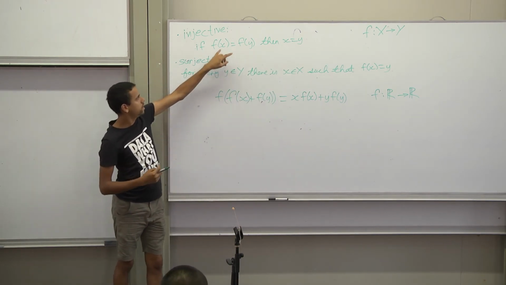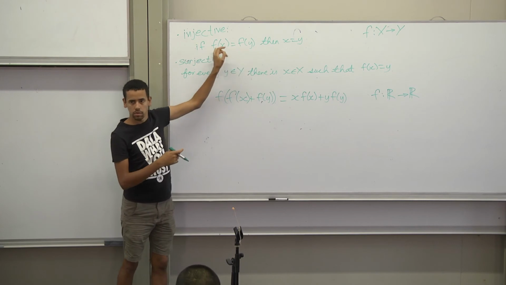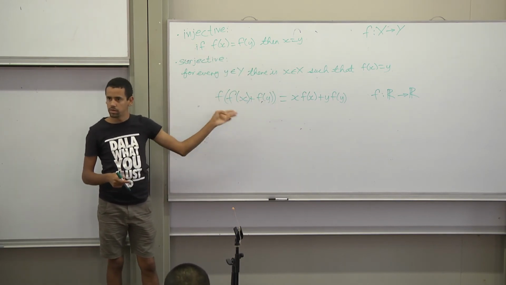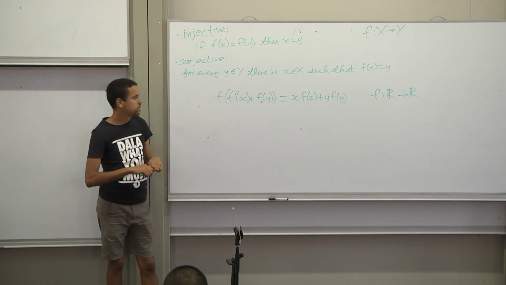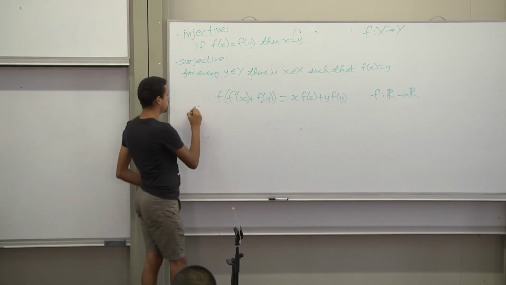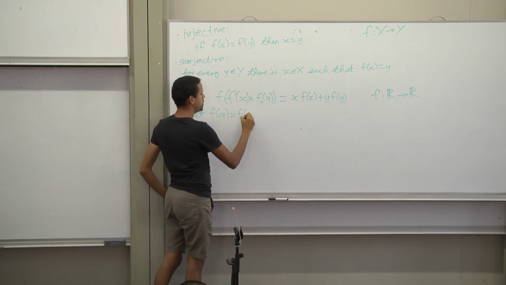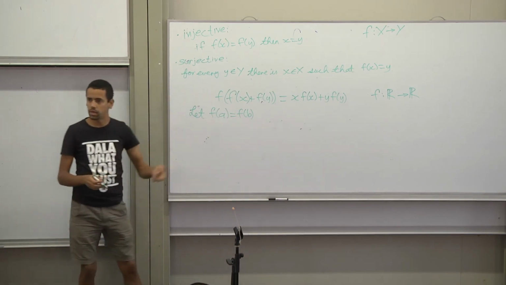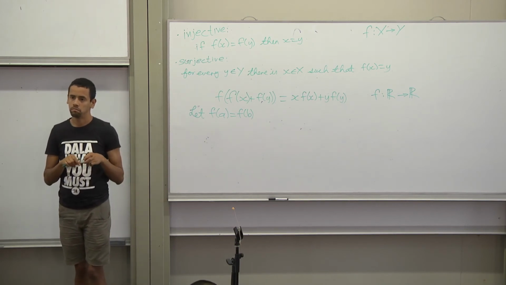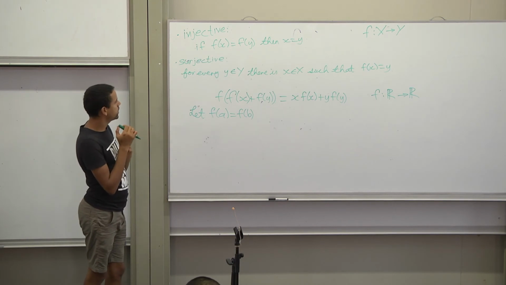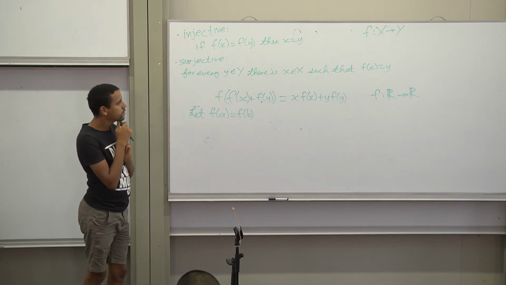Keep in mind, you don't have to have x and y equal to each other, because here x and y are our free variables in the equation. So we could say let f of a equal f of b, and we want to prove that a is equal to b.